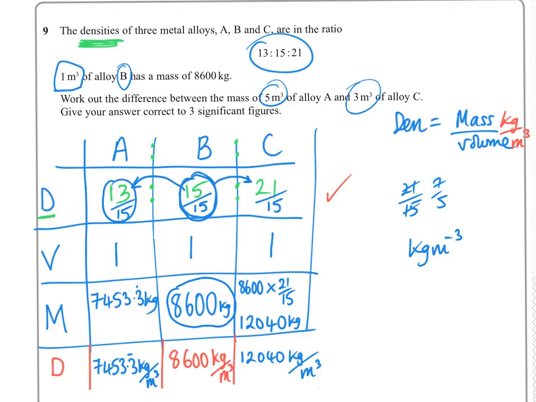And then we're off to get the rest of the question now, because we want to work out the difference between the mass of 5 metre cubes of alloy A and 3 metre cubes of alloy C. Now if I use a different colour here, our masses are clearly given in kilograms for each one.